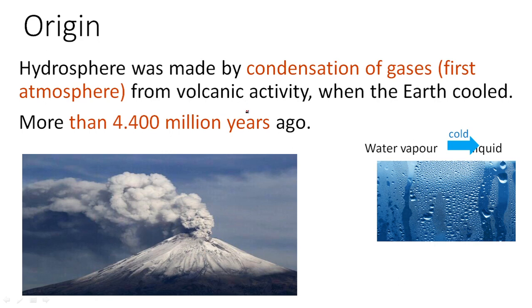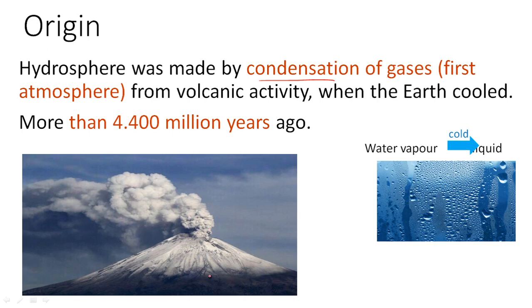That transformation from water vapor to liquid is called condensation, right? So these tiny drops of water fell down to the surface as rain, and the first lakes, rivers, seas, oceans appeared in the planet.